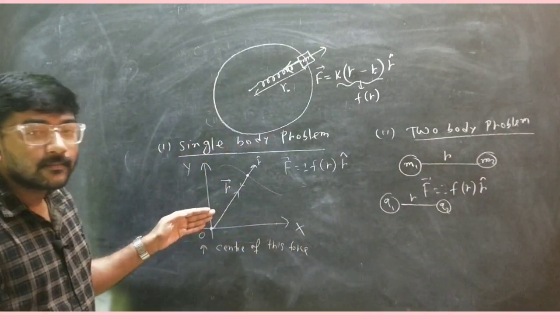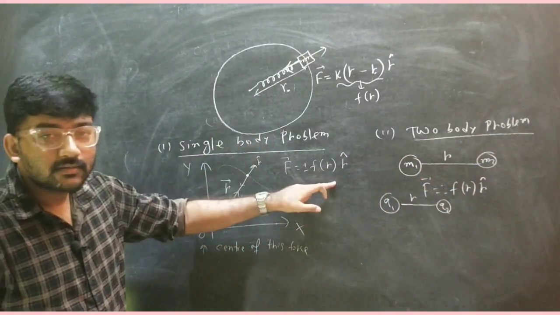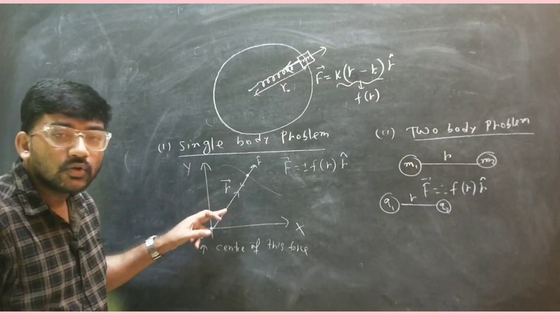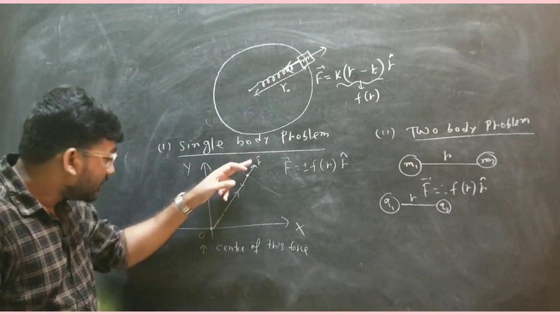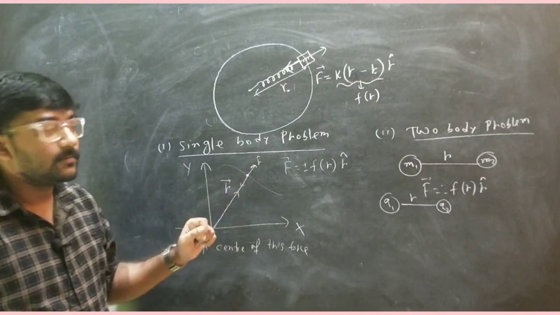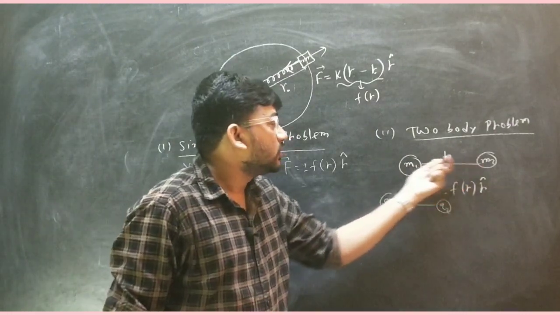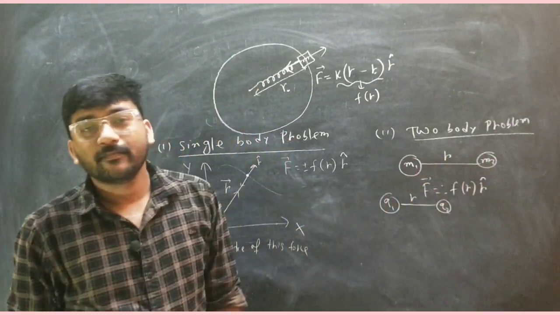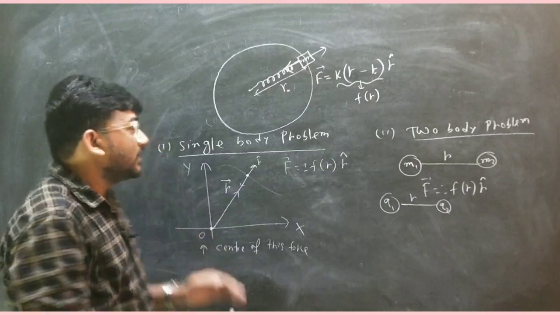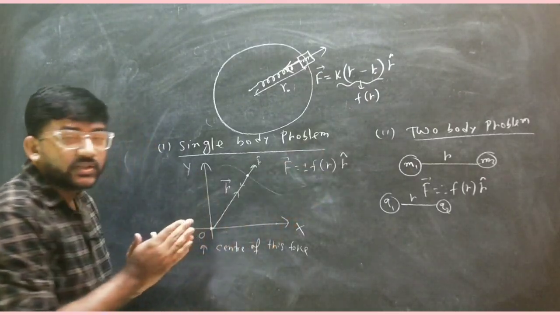Here you can see the force depends on r, and obviously it is also along this line, but this line passes through the origin because there is only one body. With two bodies, it acts along the line joining them. So what is the basic difference between these two systems?